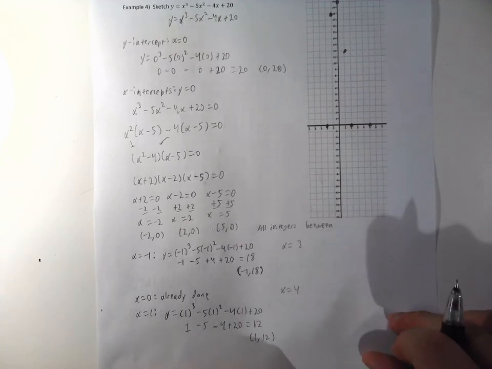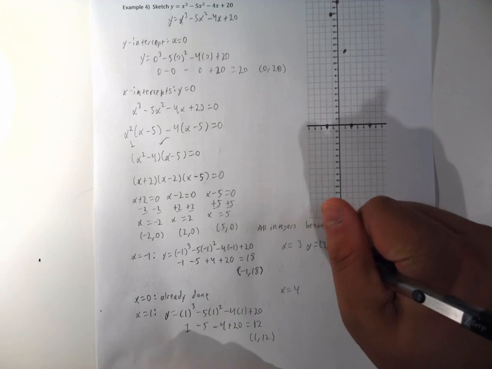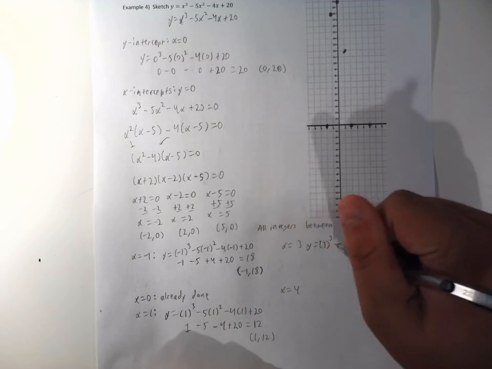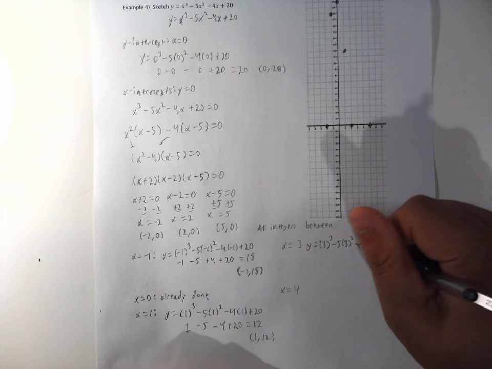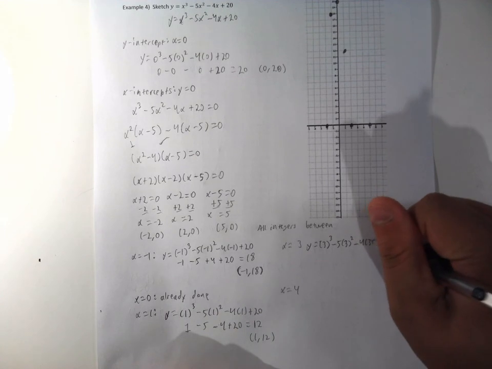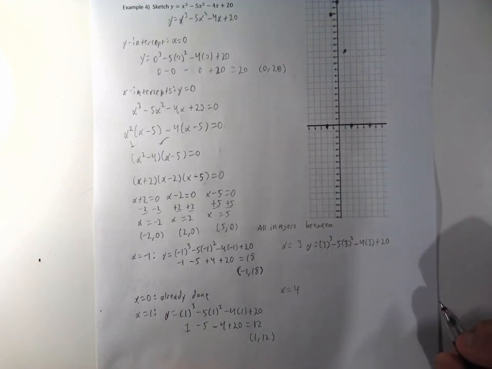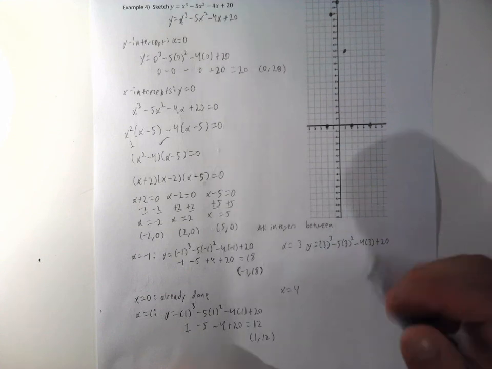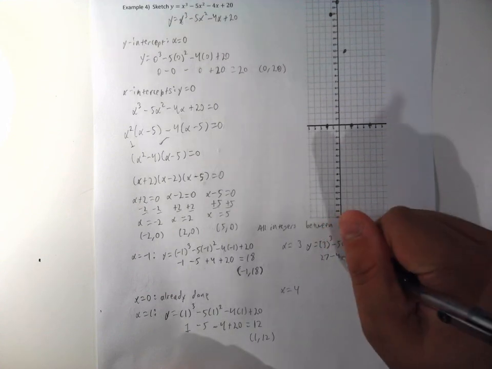Okay, at x equals 3, y equals 3 cubed minus 5 times 3 squared minus 4 times 3 plus 20. That'll be 27. 9 times minus 5 is minus 45.